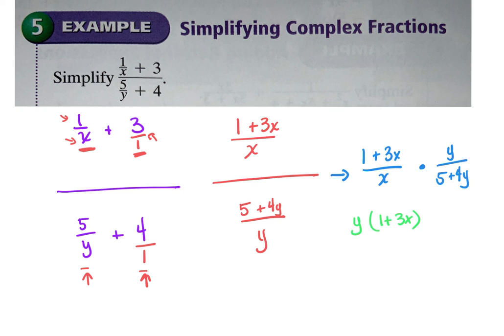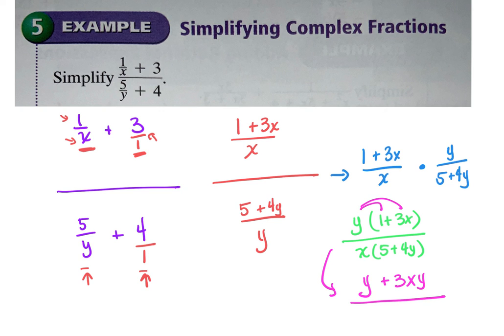And then x times 5 plus 4y. That's my denominator. Now here they distribute because they're trying to make this a little more simple. So I'm going to actually distribute that. Y times 1 is just y. Y times 3x is 3xy. X times 5 is 5x. And x times 4y is 4xy. That is as simple as you can get them.